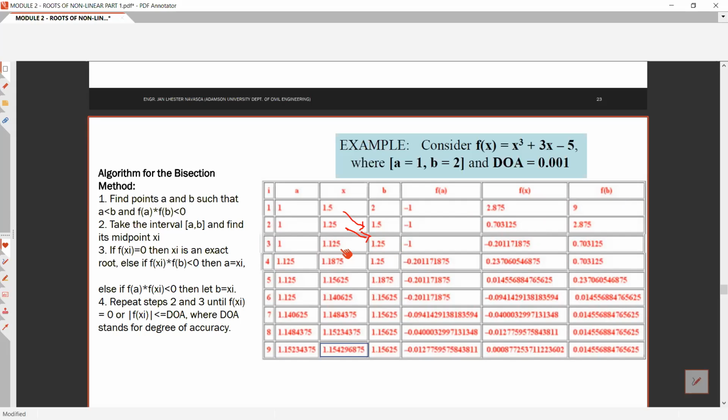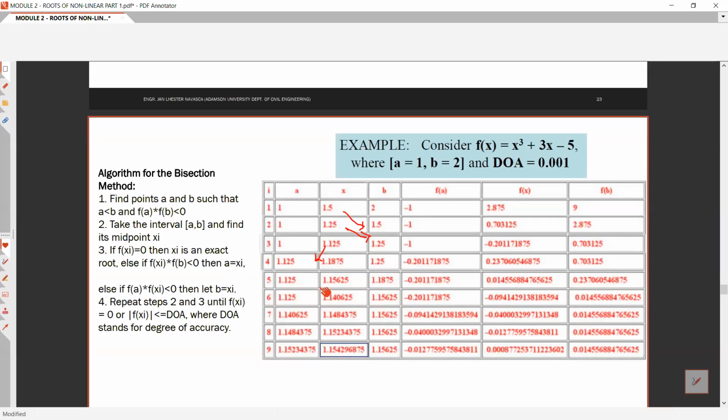Okay? So therefore, yung 1.125 mo, magiging a na siya. Therefore, yung xi mo magiging a. So gaganon siya. Pumunta dito. Okay? So ito as is, hindi napalitan. Nagets ba yun? This one. This function.